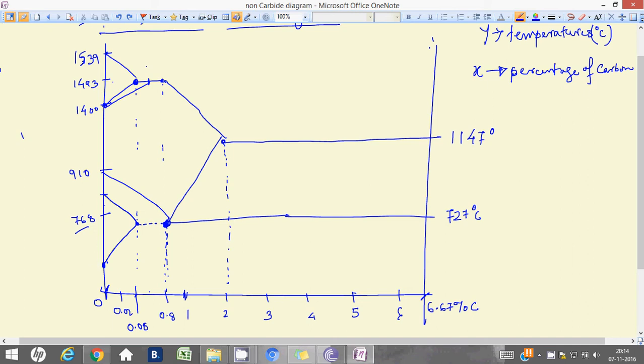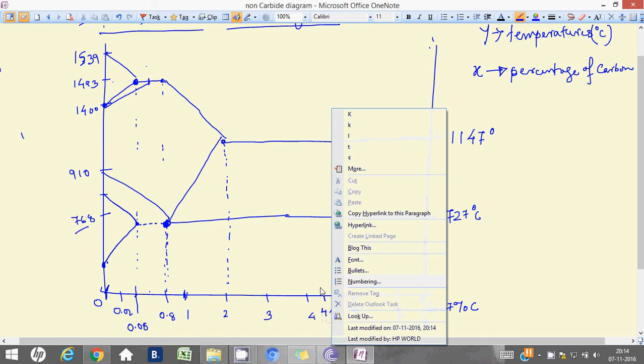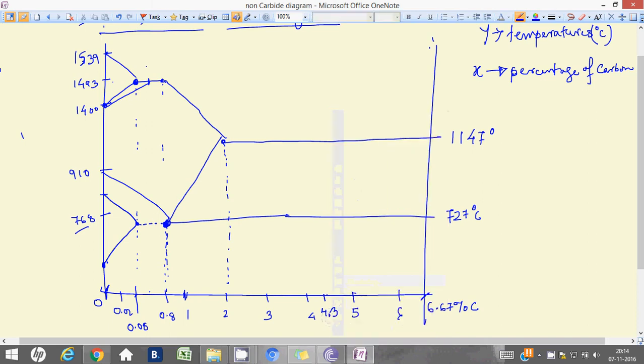Okay, so we have the main diagram actually, and let us make the rest of the lines in the entire iron carbon diagram. Let us suppose this is 4.3 on the x-axis, as you can see. Let us draw a straight line from this point.